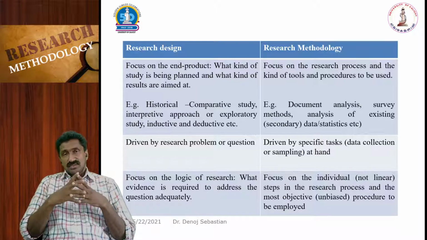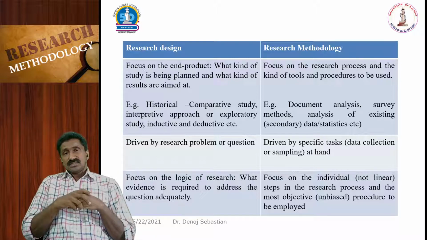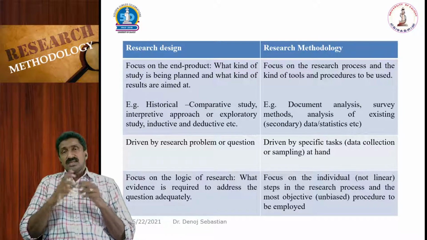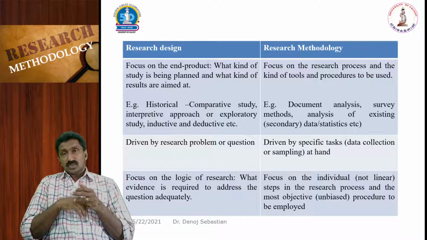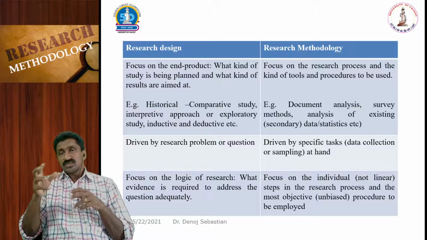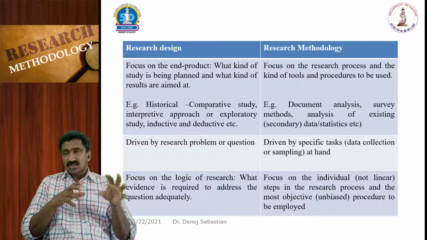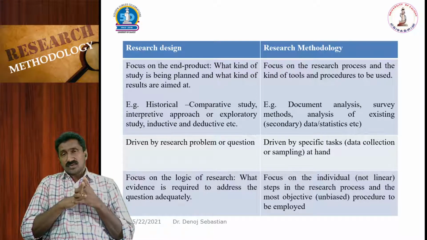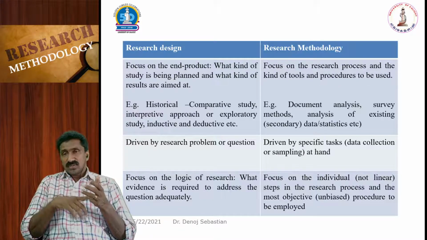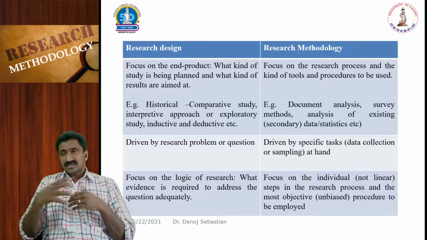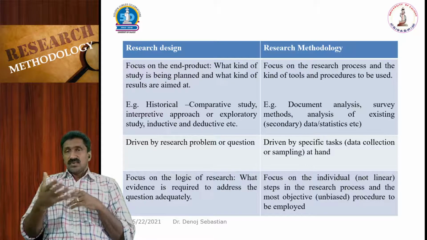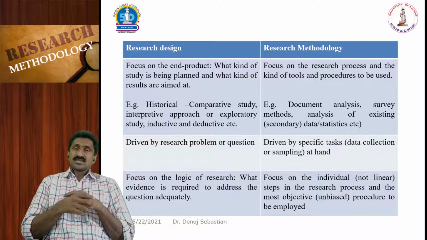Whereas where research methodology is concerned, we focus on the research process and the kind of tools and procedures that we are using. It is not the product or result that you are focusing on. Examples are document analysis, survey, and analysis of existing data, statistics, etc., in which you adopt some tools and procedures for that research methodology.